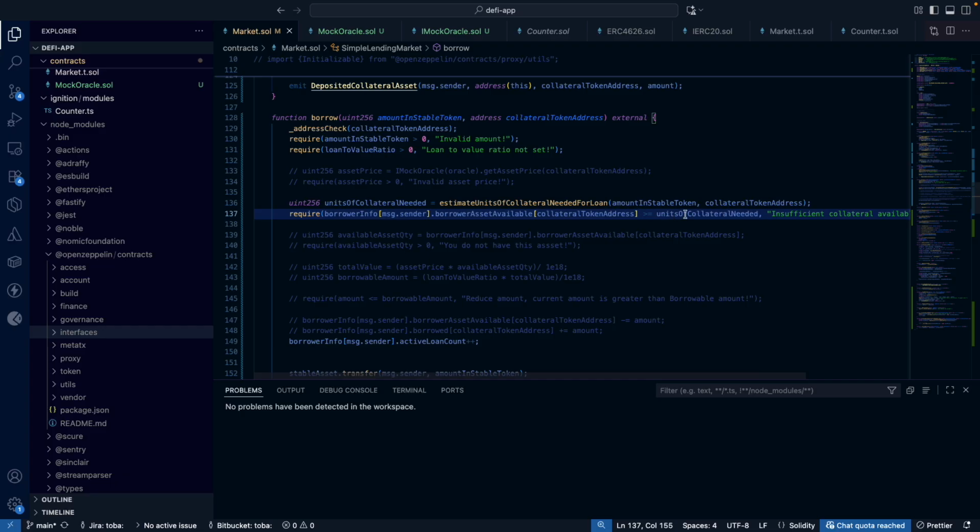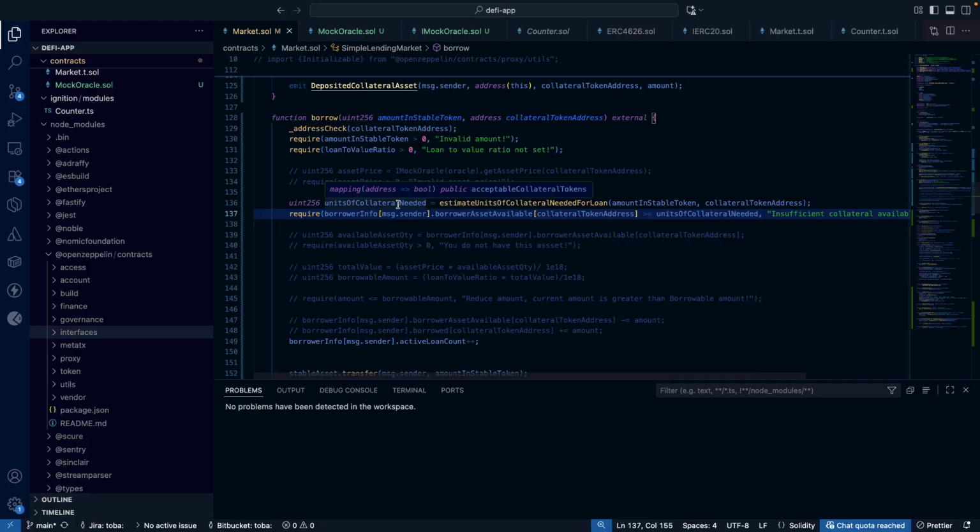Okay. Now, if they have sufficient collateral available, what we need to do is reduce the collateral available by the units of collateral needed. Because they're technically not borrowing against everything. So imagine somebody has 1,000, but they only borrow like 100, and at an LTV of 0.5, that means they need about $200 worth of assets.